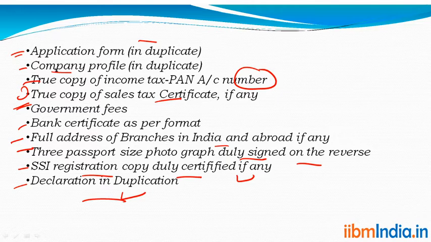Again, I'm telling you: application form, company profile, true copy of income tax, that is the permanent account number, true copy of sales tax certificate, government fees, bank certificate as per the format, full address of branches in India and abroad, the details of all the branches, three passport size photos, small scale registration if any, and declaration in duplicate. These are the documents you have to submit along with the application form.